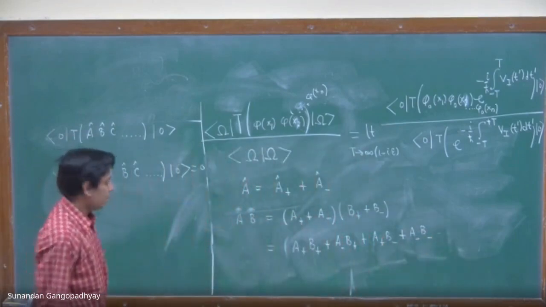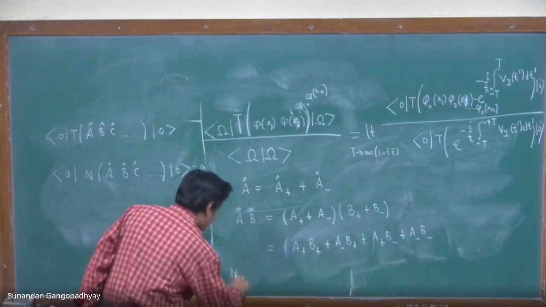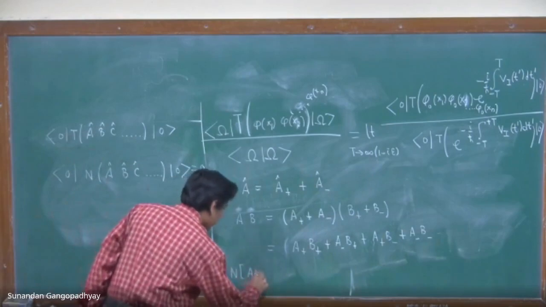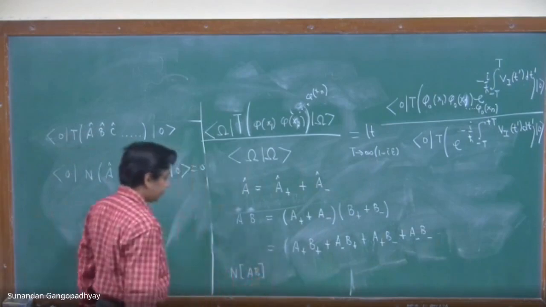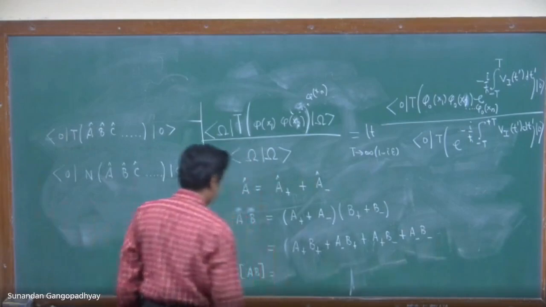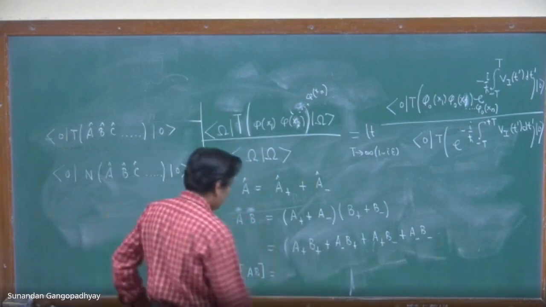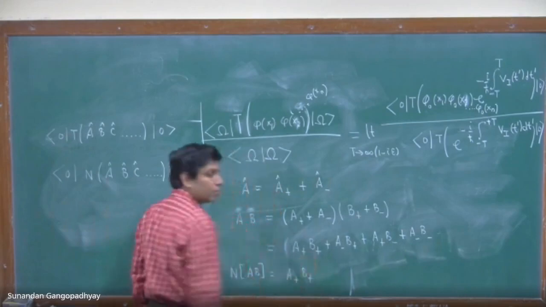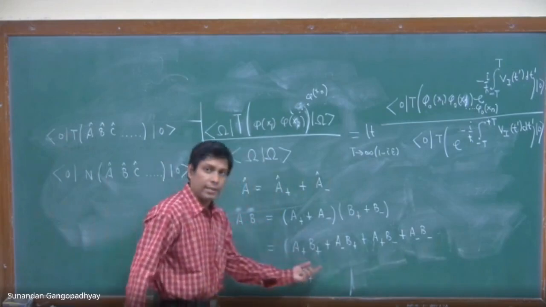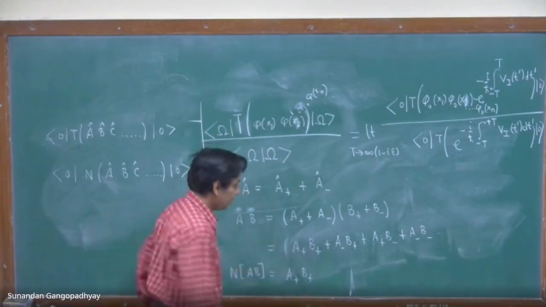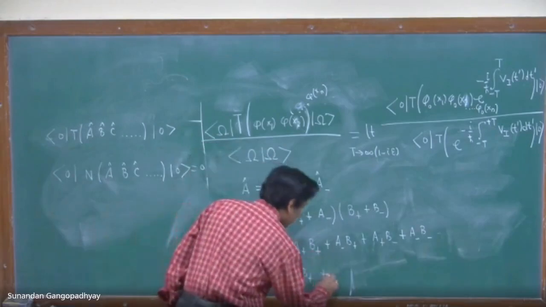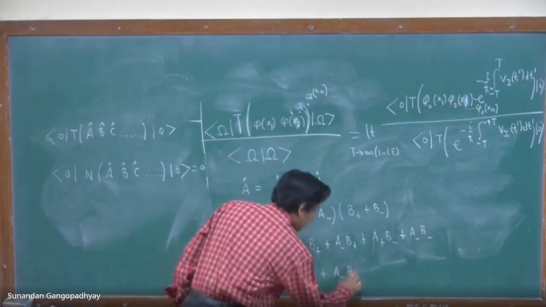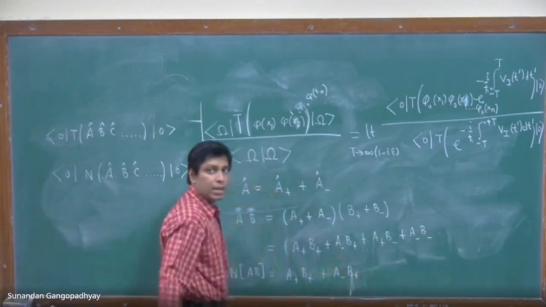Now if I take a normal order of this thing, what will happen? This will again be A plus B plus, because there are no creation operators here, both are annihilation, so it will remain the same. A minus B plus is already normal ordered, the creation operator is on the left hand side of the annihilation operator.